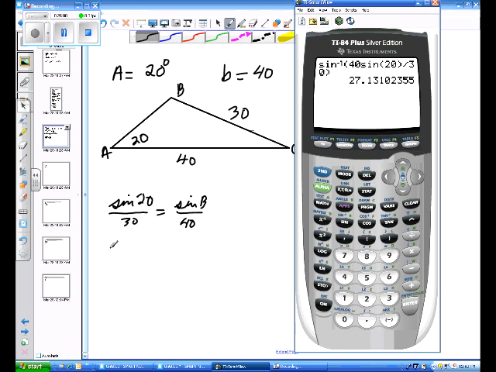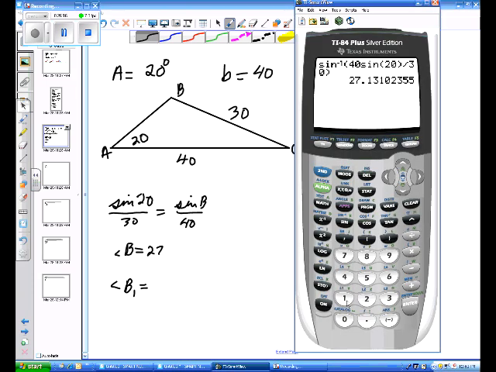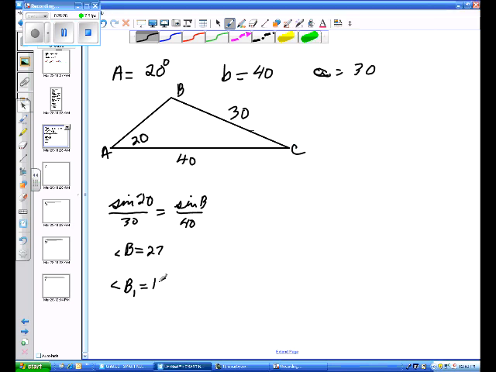So B would be 27 degrees. If it's in the first quadrant, now I go ahead and find what it is if it's in the second, because then that way I've got it written down, and after I do my other computation, I don't forget about it. So if it's in the second and 27 was my reference angle, 180 minus 27 is 153 degrees.